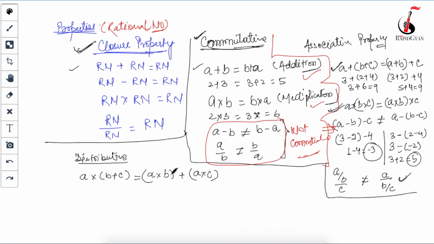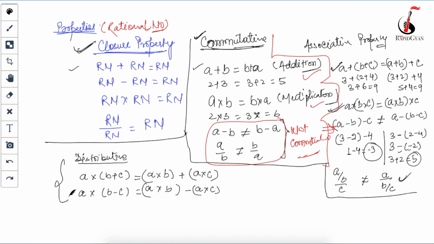Same way, if a multiplied by (b minus c), what can I do? I can write this as a multiplied by b minus a multiplied by c. Understand? So this is called the distributive property.